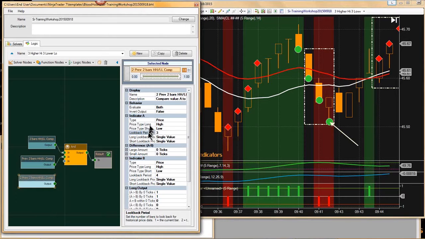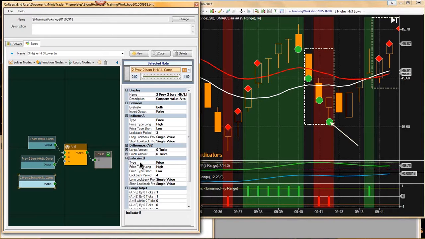So the comparison solver only looks at two pieces of data when you're doing a comparison. Piece of data 1 goes in the indicator A section here, and data number 2 goes in indicator B.